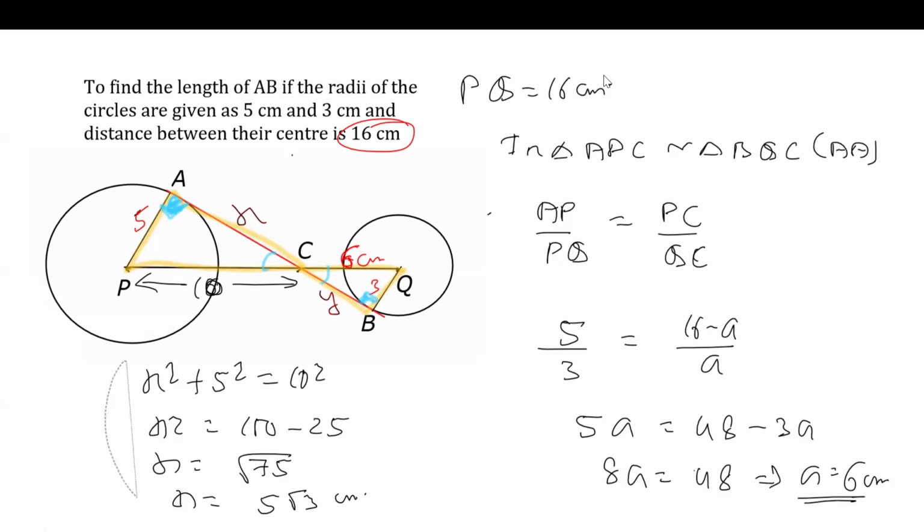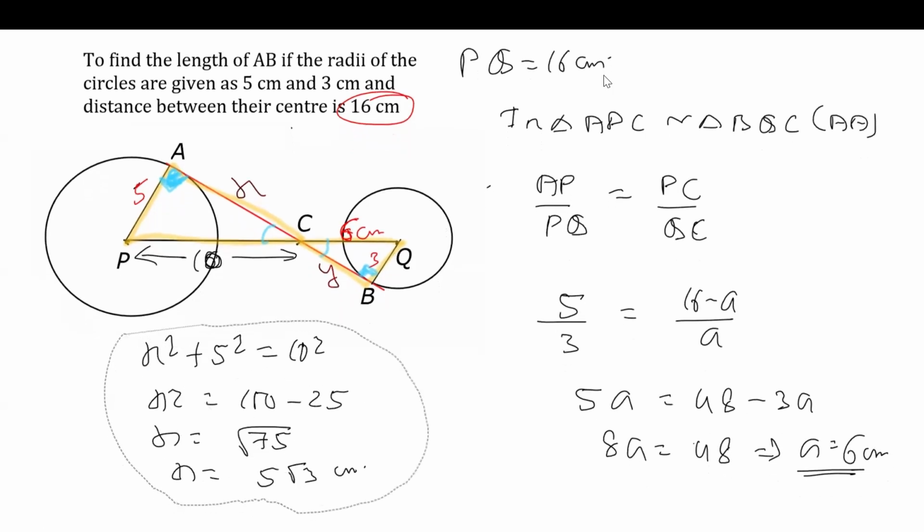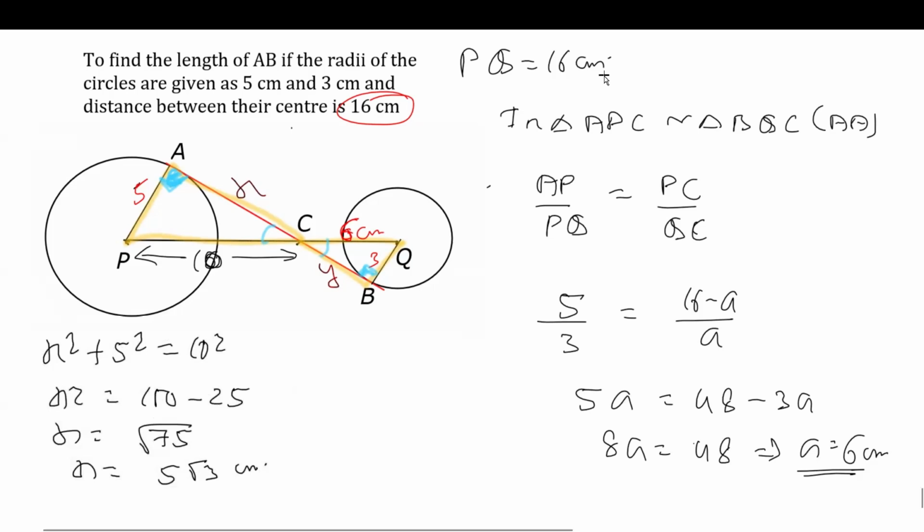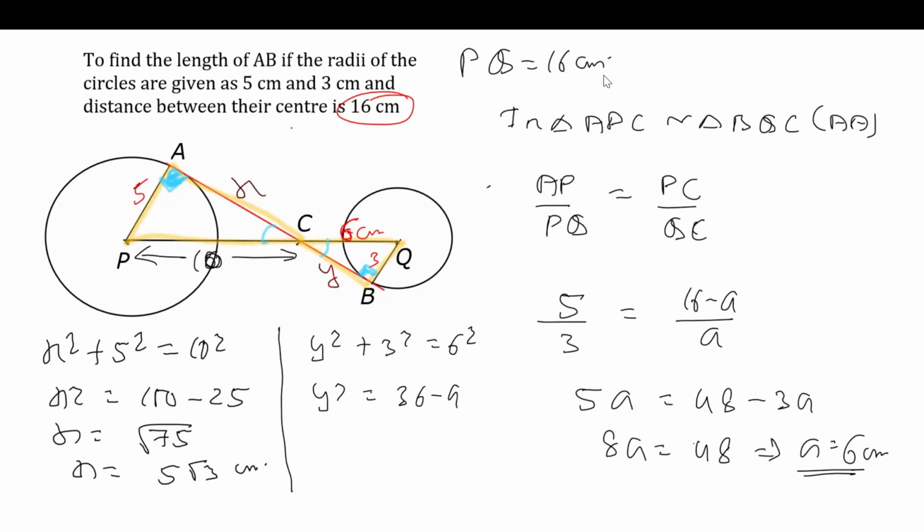So we got the length of X. And similarly, we can also obtain the length of Y over here. Y square plus 3 square is equal to 6 square. So Y square comes out to be 36 minus 9, so Y will be root 27. So Y should result in 3 root 3 centimeter.